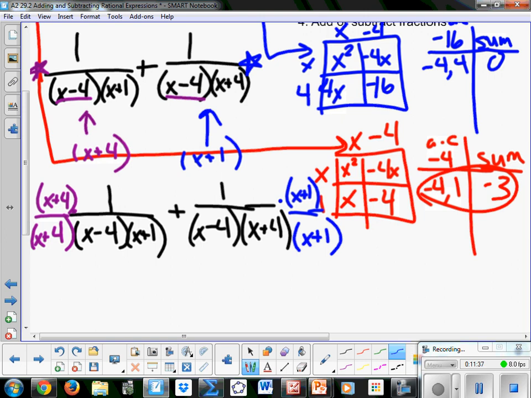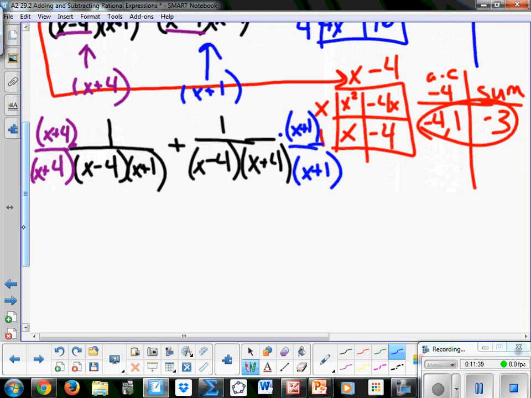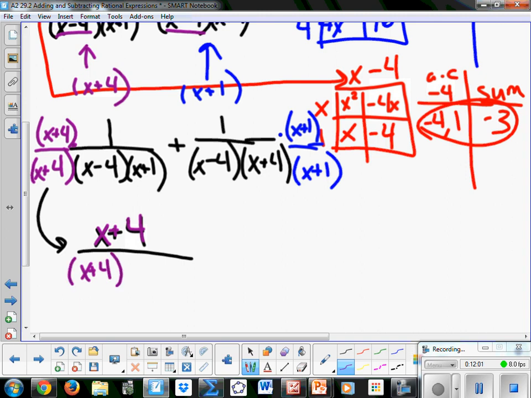Okay, so this is going to turn out to be x plus 4 over, and this comes from that multiplying by the x plus 4 times 1. Okay, x plus 4 over x plus 4 times x minus 4 times x plus 1.